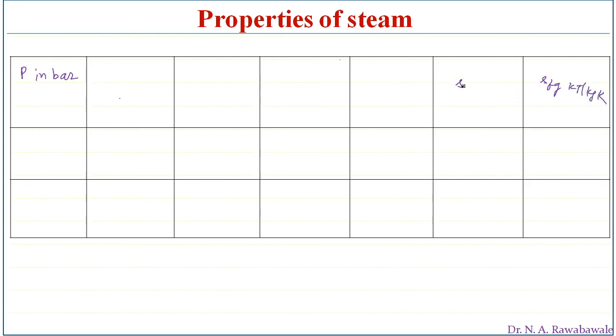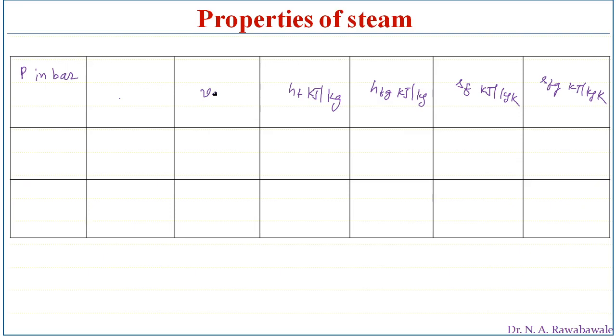So here we take SF in kilojoules per kg Kelvin, and we take HFG in kilojoules per kg, and here we take HF in kilojoules per kg, and here we will take VF, specific volume of liquid.